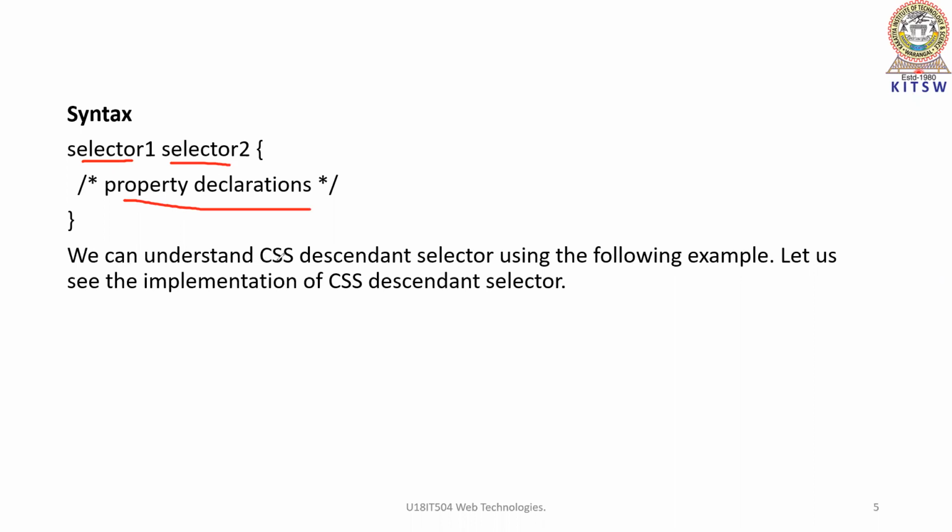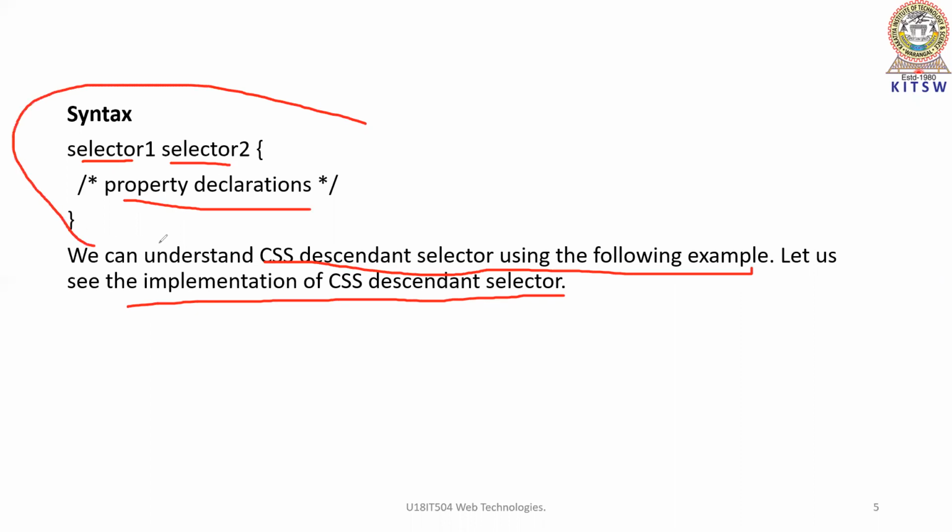You can understand the CSS descendant selector using the following example. Let us see the implementation of CSS descendant selectors. So this is the syntax: selector 1, selector 2, then some rules or some styles. We can understand the CSS descendant selector by taking up one example.